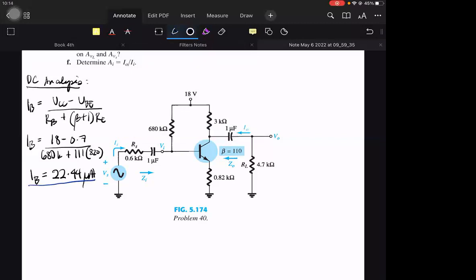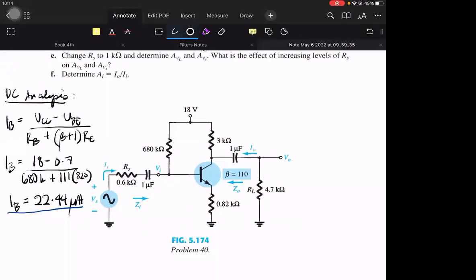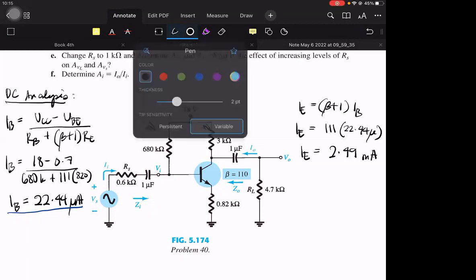If that is IB, you can obtain IE. IE is beta plus 1 times IB, so 111 times 22.44 microamperes. Therefore, IE is about 2.49 milliamperes.